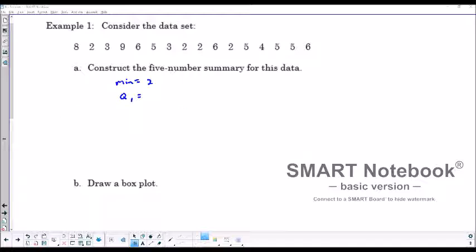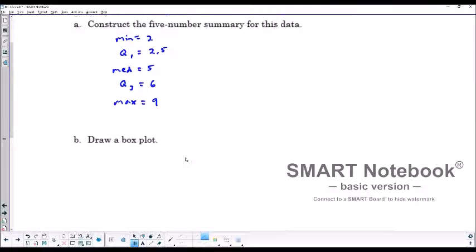So yes, it is 2.5. The median is 5. The upper quartile is 6, and the max is 9. Okay, so there's our 5-number summary.